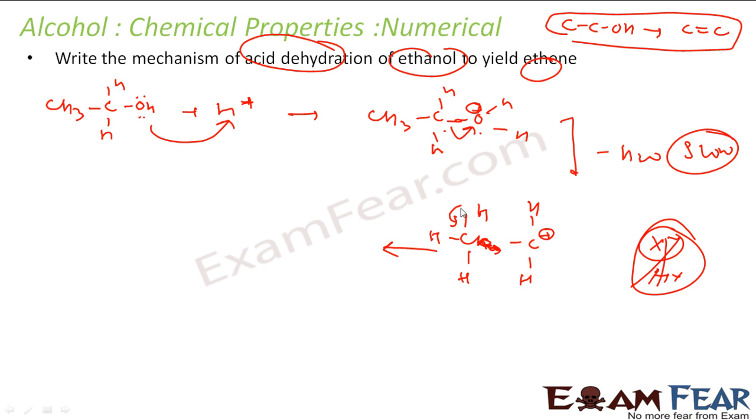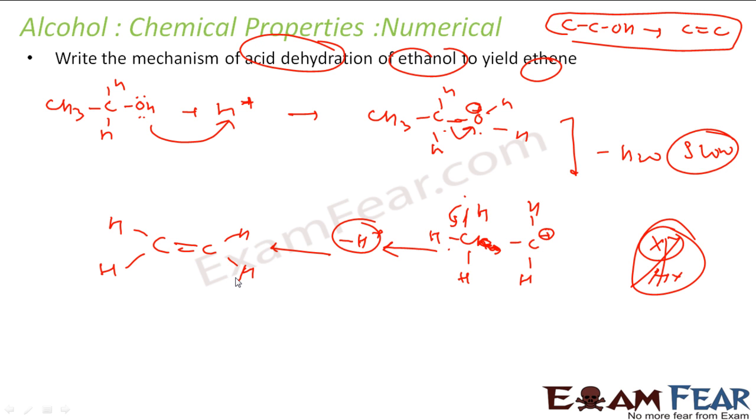If you remove any of these hydrogens, this bond will break in this fashion. This gets negative charge, this gets positive charge, the positive H goes off, and then positive and negative charge will form a bond. This is what it forms, and this is my ethene.